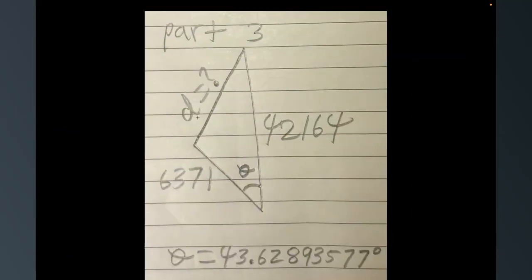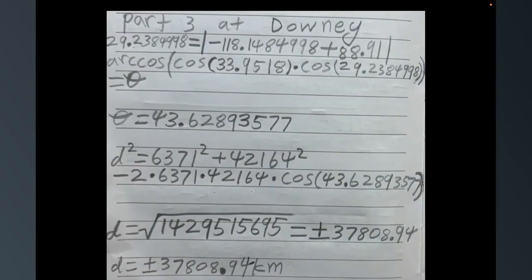So to calculate the distance here, we do d squared equals the radius of the Earth squared plus the radius of the Earth plus the distance to the VSAT satellite squared minus those two numbers times 2 and times the cosine of theta. And theta is equal to 33.6289357.